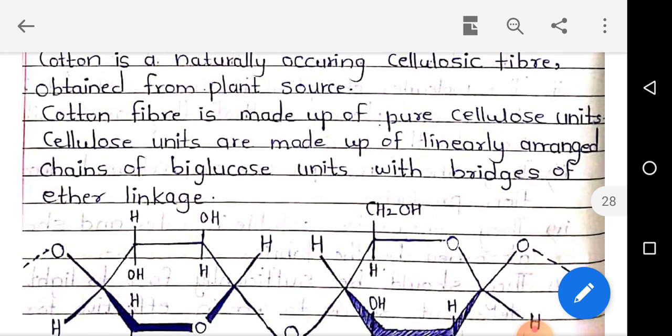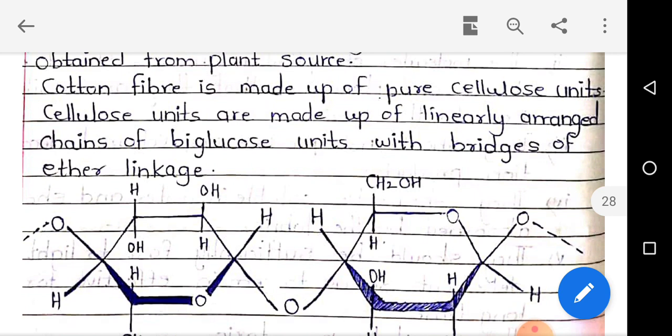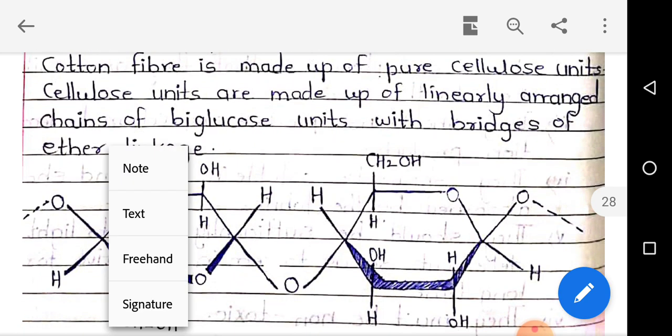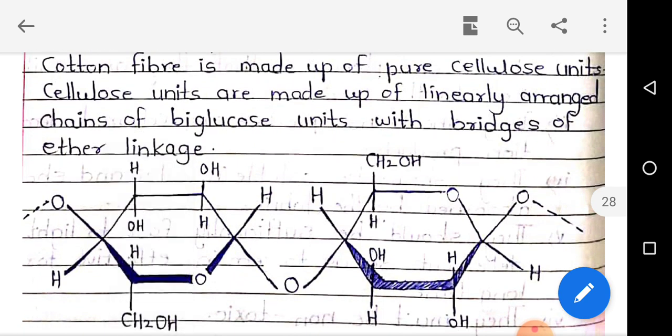So cotton fiber is made up of purely cellulose units. Cellulose units are made up of a linear arrangement, a chain of glucose units with bridges of ether linkage, meaning oxygen attached, it is a type of ether.